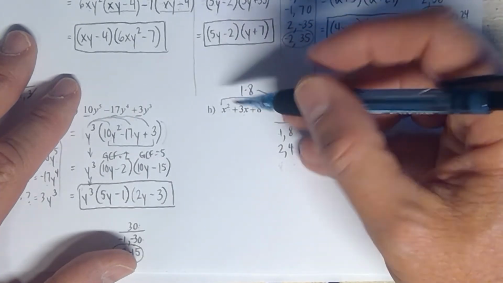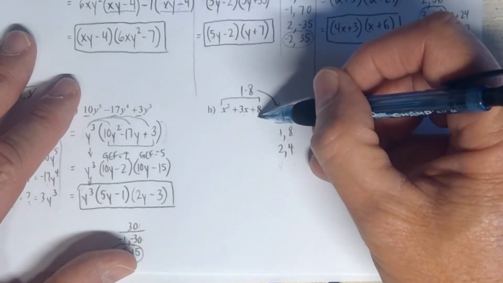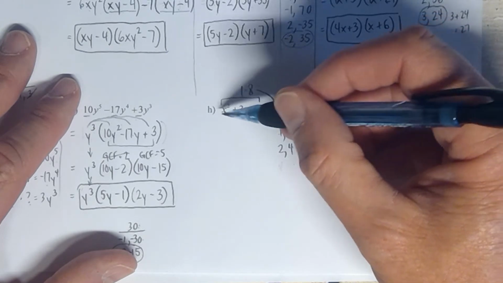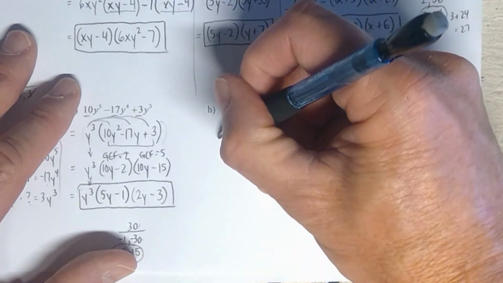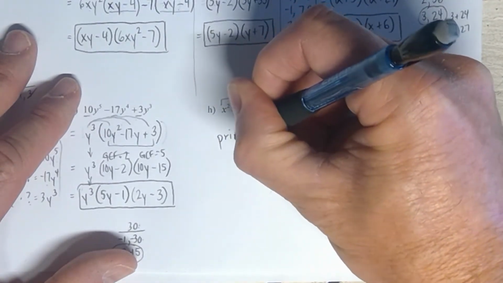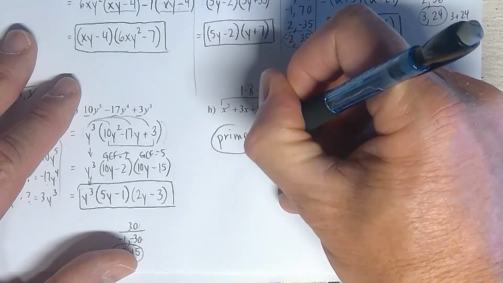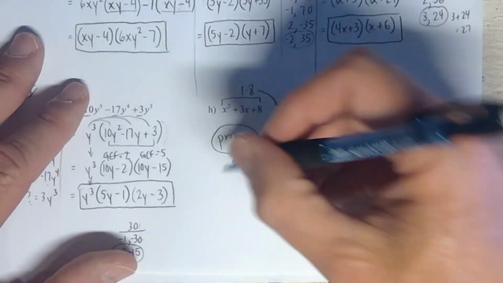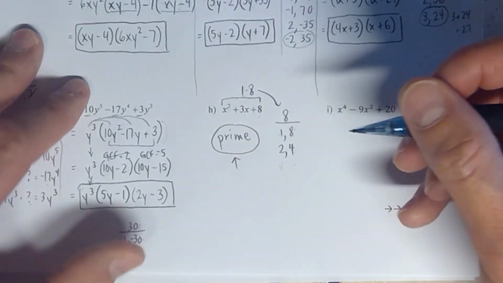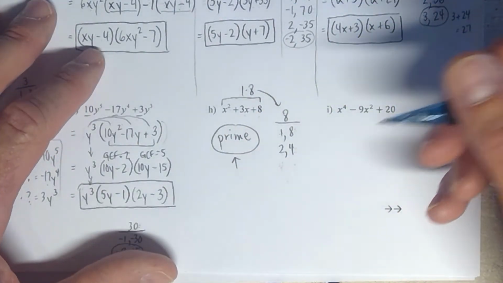Here's the thing. If the GCF is equal to 1 and you can't break it down to two brackets, we call that prime. It's kind of like a prime number when you're listing out factors. Okay? So this happens when? This is just something to write down so you'll know later on why I wrote this down.